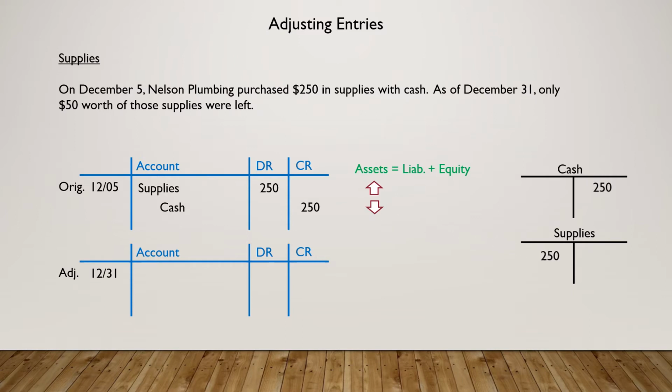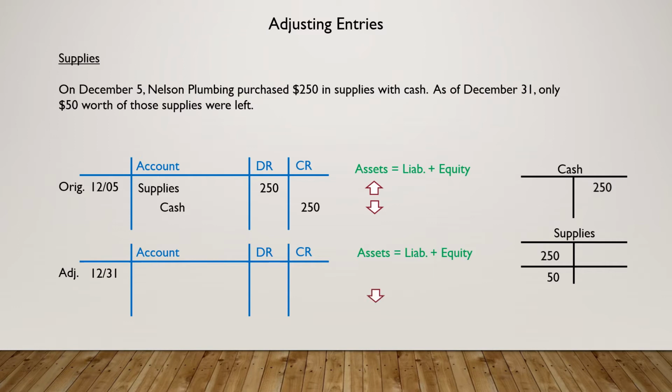At the end of the period, we record our adjustment. At this point in time, we have $50 of supplies remaining. That amount is the debit balance we should have in the supplies after booking the adjusting entry. As for what's happening via this transaction, we've consumed some of our supplies, which is a decrease in assets.